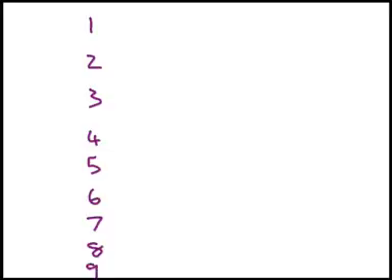What they're saying is that in the tens column we can have 1, 2, 3, 4, 5, 6, 7, 8, or 9, and the number in the units column needs to be twice as big.